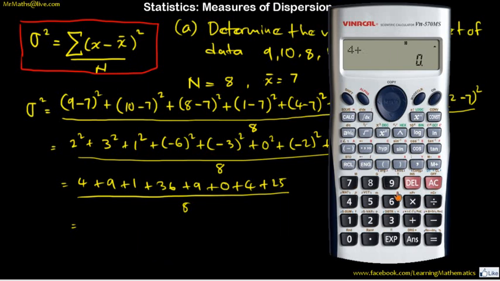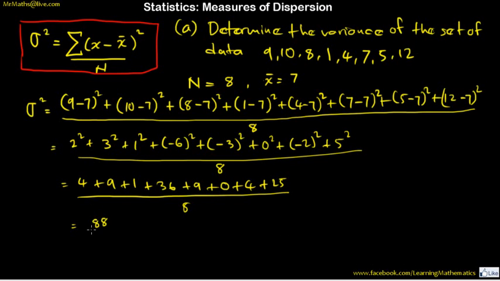4 plus 9 plus 1 plus 36 plus 9 plus 0, okay, plus 4 plus 25. That is 88. 88 over 8, so that is equal to 11. So the variance is 11. Okay.